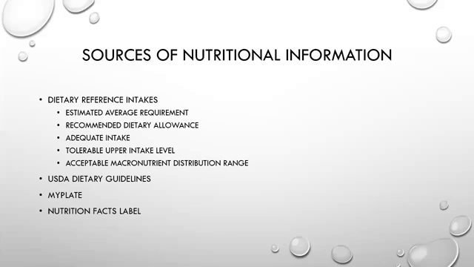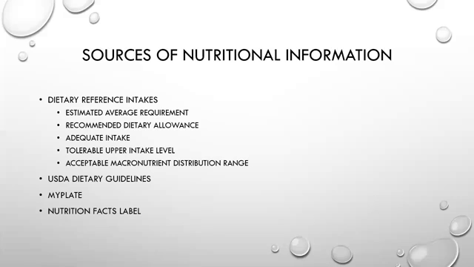And then your acceptable macronutrient distribution range, your AMDR. This is the percentage of protein, fat, and carbohydrates that are associated with reduced risk of chronic disease, provided that there is an intake of other essential nutrients. So this is where we want our macronutrient counts to be.